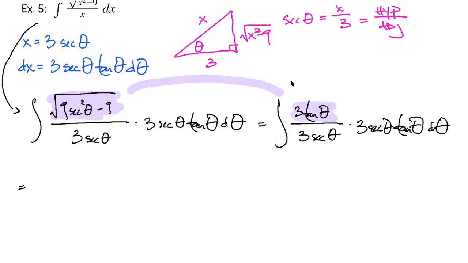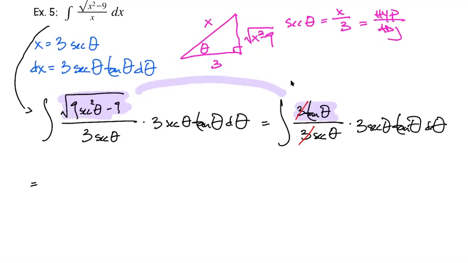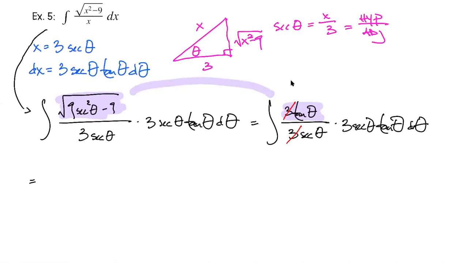And now let's go through and maybe think about what we can reduce and what we can't. So I hope that we all see this 3 and that 3 could reduce, right? And then what else reduces here? Secants? Yeah, the secants reduce. What about the tangent?